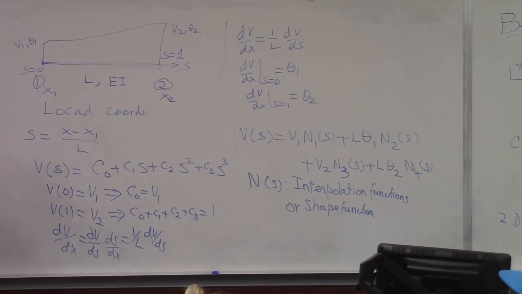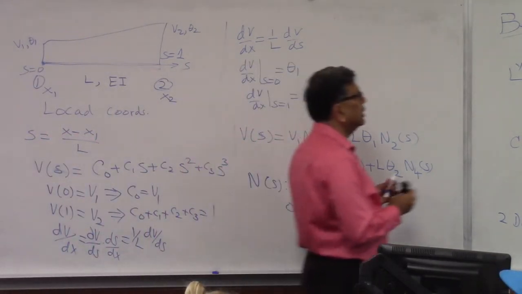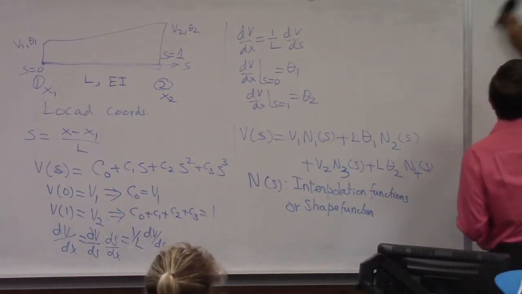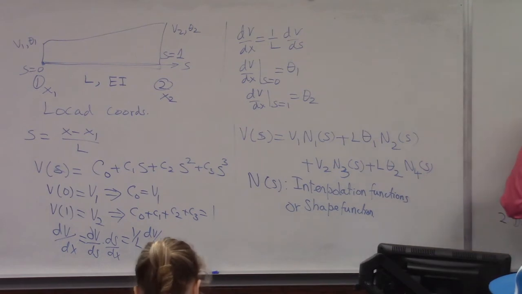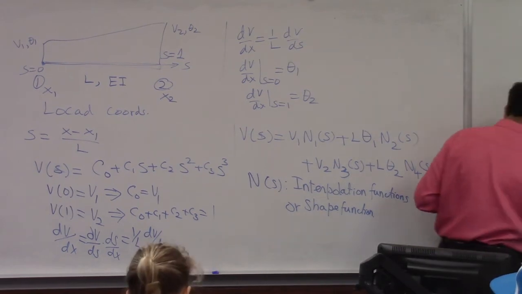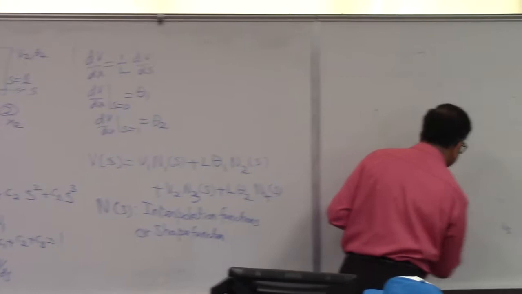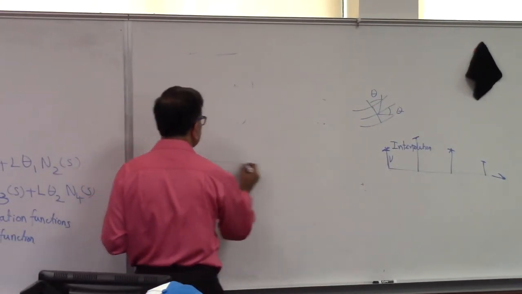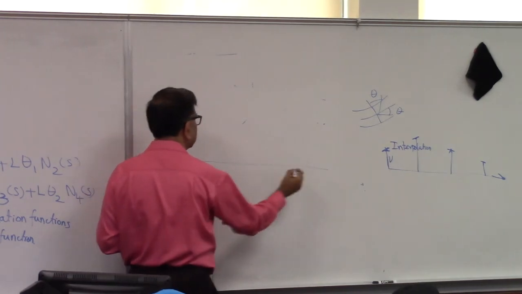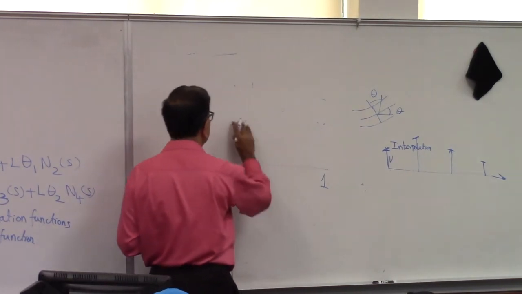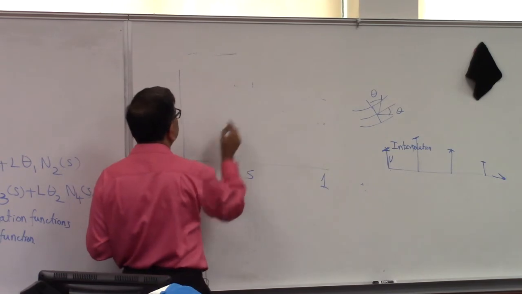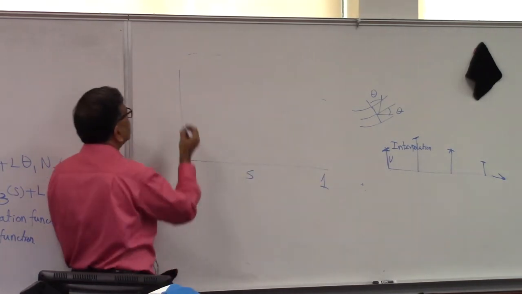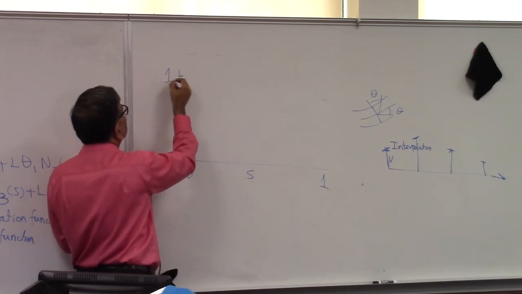Now, if you want to plot these functions, they have some beautiful shape. That's very important. N1, the first function. I'm going to plot all these functions from 0 to 1, in s. If you plot the first function, it takes value 1 at this end.